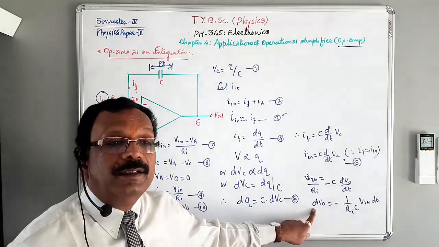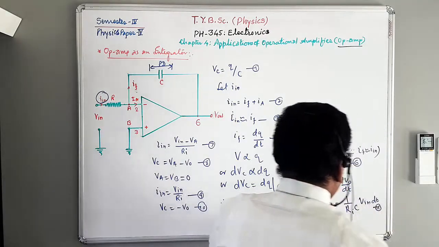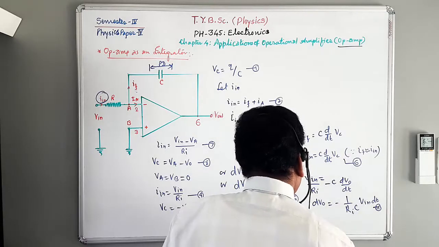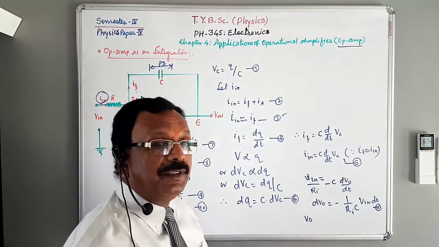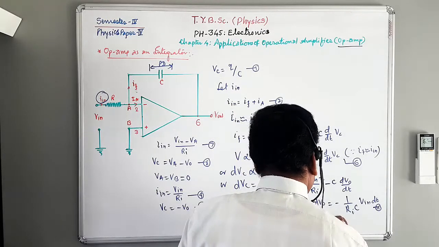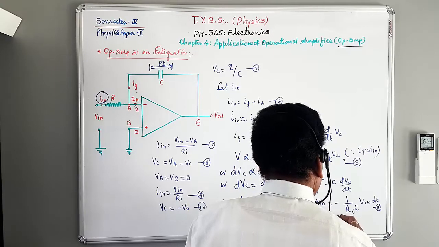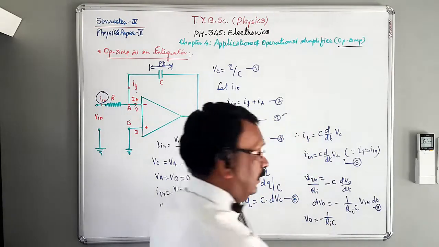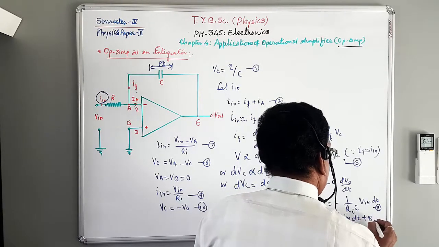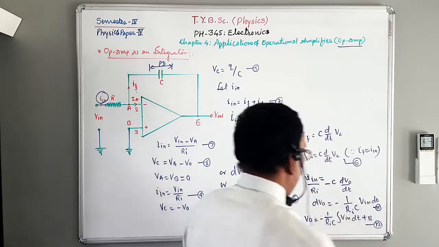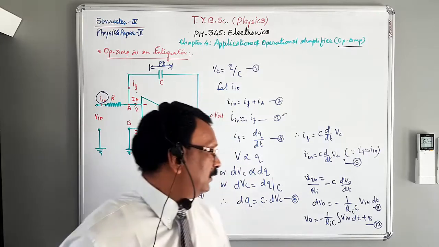Now when we take the integration of this equation, suppose this is equation 11, we have integration of dV0 is V0 is equal to minus 1 upon RIC into integral VIN dt plus B, where B is the constant of integration.